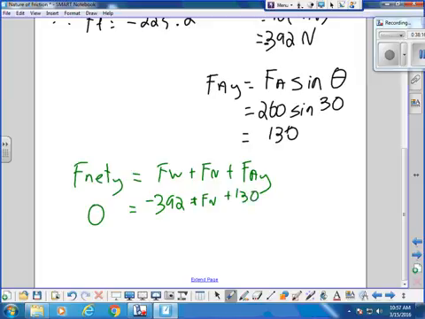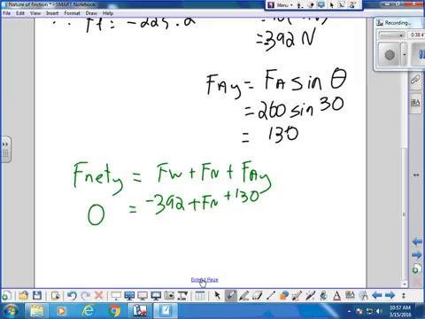So really, the FAY is sort of helping the normal force. That's a plus 130, plus Fn, and it's all equal to 0, right? Because the net Y forces are 0. It's not going up or down. It's not accelerating up or down.